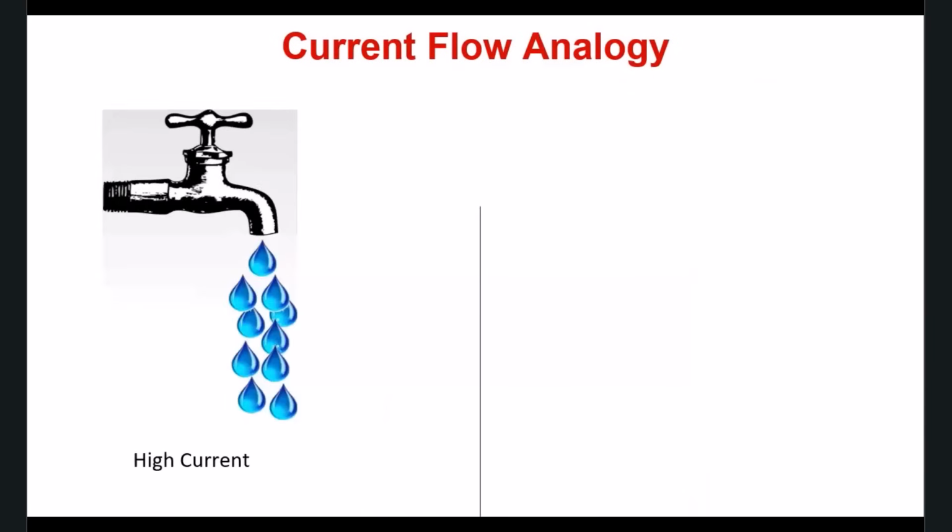So now we'll talk about the current flow. As we had seen previously, the voltage is actually the pressure of the water tank. Now we'll talk about the current. When we open the tap, the force is applied from the water tank, and if we open the tap fully, more water can flow from that tap.